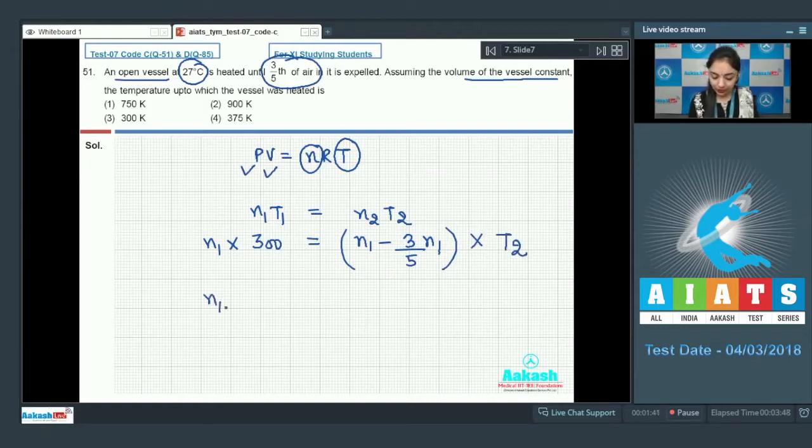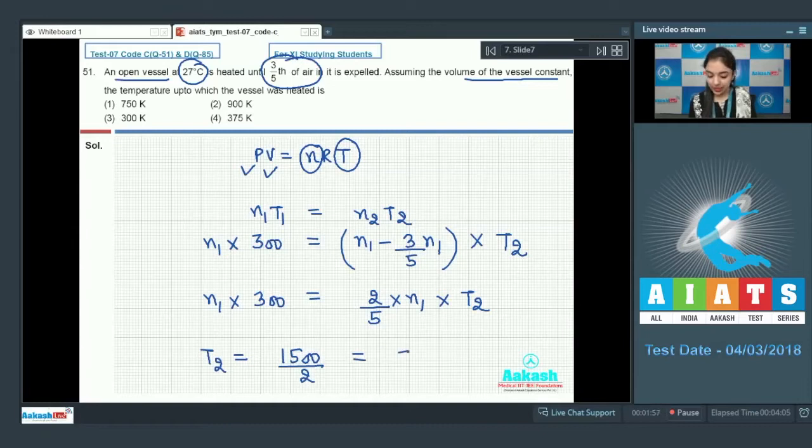So it will be N1 into 300 is equal to 2/5 into N1 into T2. So T2 will be equal to 1500 divided by 2, which is equal to 750 Kelvin. So which means the temperature up to which the vessel was heated is 750 Kelvin. So option number 1 will be the correct answer.